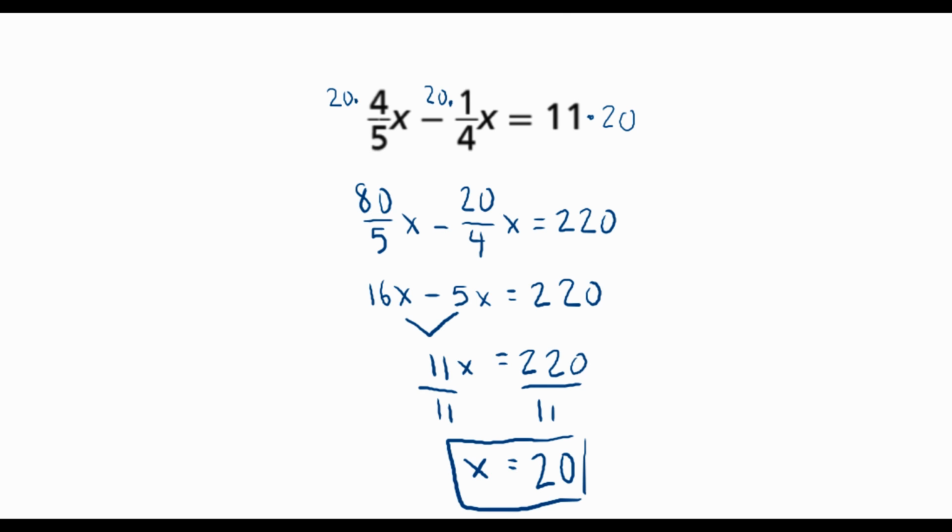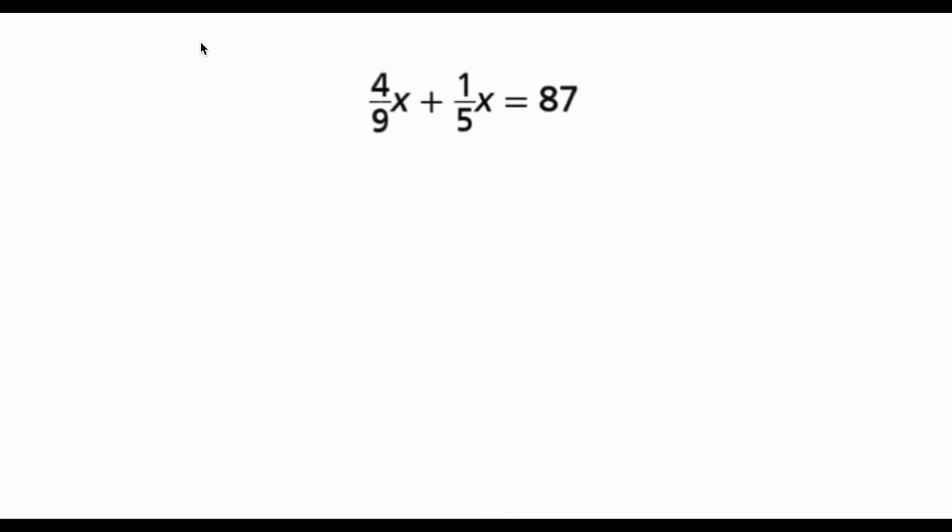So let's go ahead and move on to our next example. Now if you want to give this one a try, by all means feel free to go ahead and give it a try. All right, so same process as the last one except for one step, and I will show you that right now. So first question is, what is the common denominator between 9 and 5?